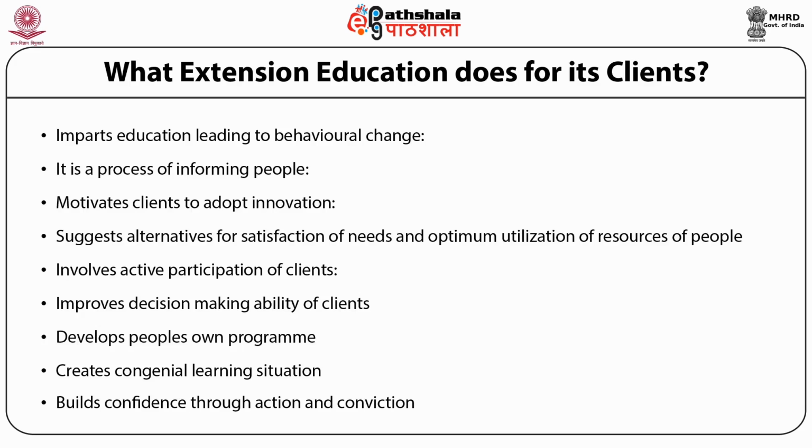The steps of teaching include attention, interest, desire, conviction, action, and satisfaction. The same steps hold good for extension education also. Developing conviction in clients means making the clients understand the issue under consideration. Each and every client is different in capacity to understand.